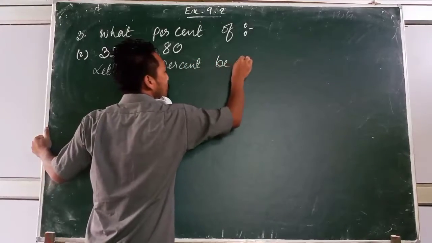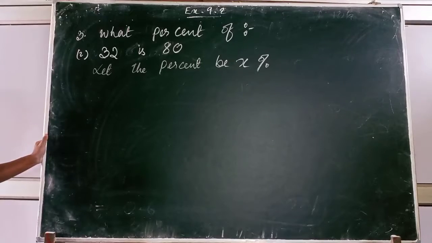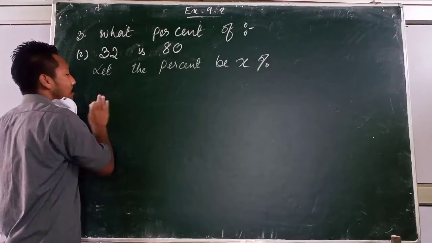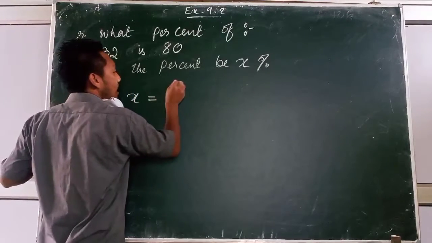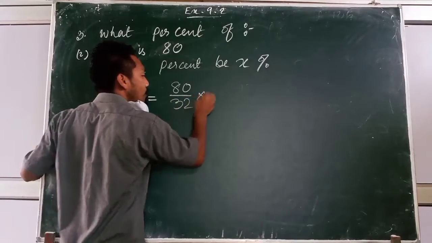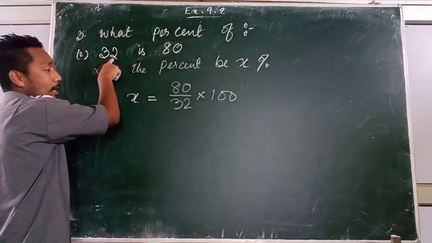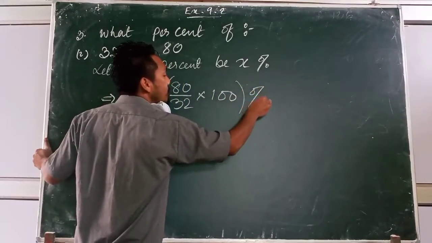We are going to find the value of x. So x is equal to 80 by 32, and you have to multiply by 100 because we are converting to a percent.